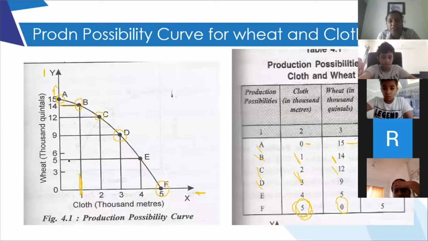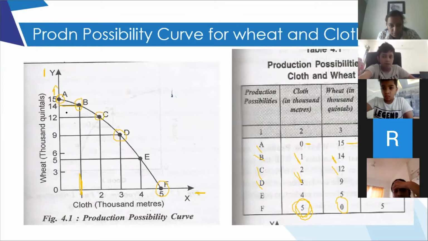That is why when you decrease the production of wheat and increase the production of cloth, look here, when you decrease from 15 to 14, it was this much decrease only. But when you came from 14 to 12, this much gap. Can you see the yellow dot moving?